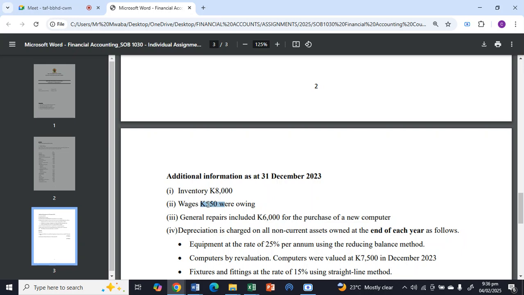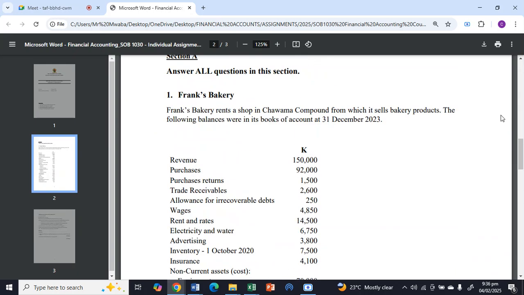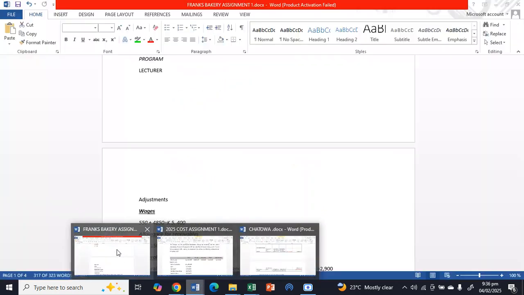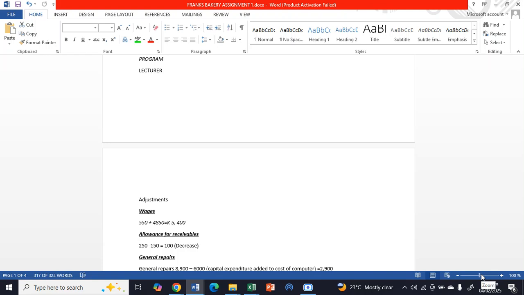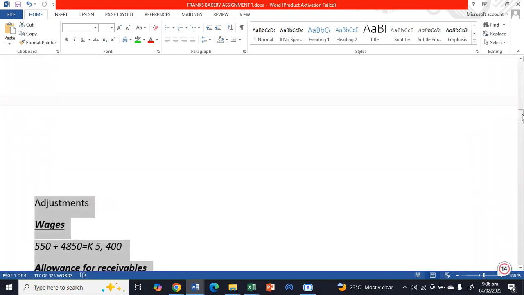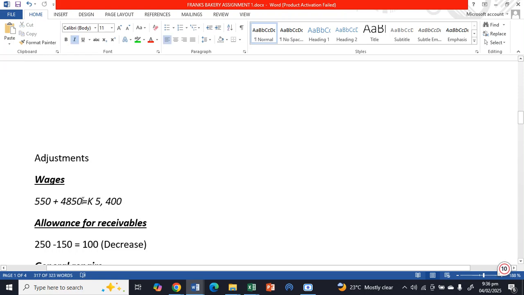So you add this amount to the wages amount here. 550 plus 4,850, you get 5,400. So on the statement of profit or loss, this is the amount that you're going to put, 5,400. Then in the balance sheet, you're going to put this 550, which is owing.